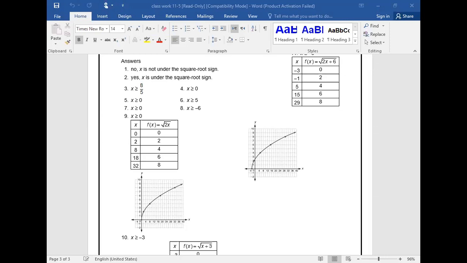So we have the definition: a function whose rule contains a variable under the square root, as we said, the independent variable x under the square root. Examples of a square root function are y equals square root of x, y equals square root of x plus 3, or 2 square root of x minus 4. Not a function like this one.